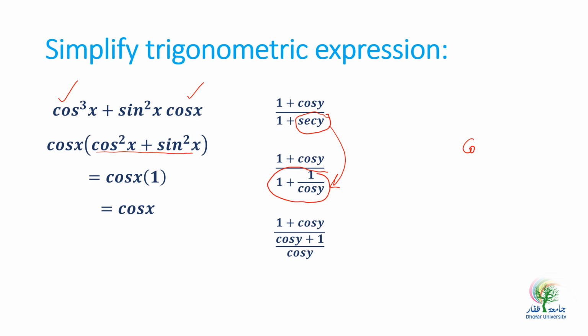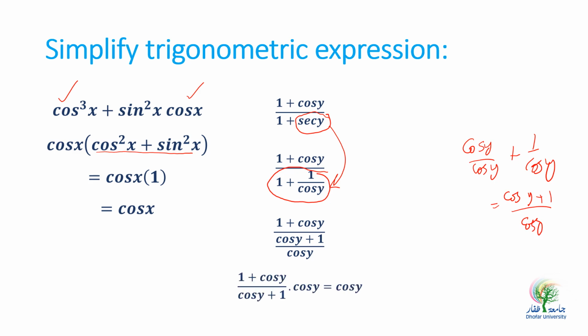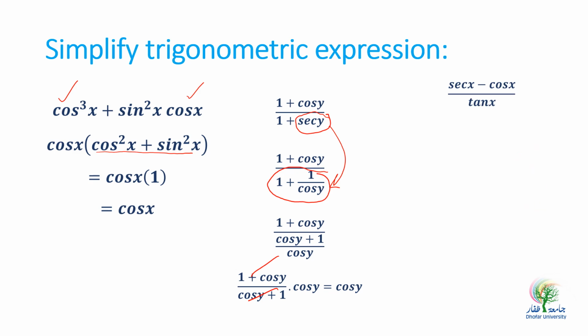We keep the denominator the same: cosine y by cosine y plus 1 by cosine y, and we keep cosine y, so cosine y plus 1. So we get 1 plus cosine y divided by cosine y plus 1, which means the same. 1 plus cosine y or cosine y plus 1, the meaning is the same, so it will cancel, and the answer is cosine y.